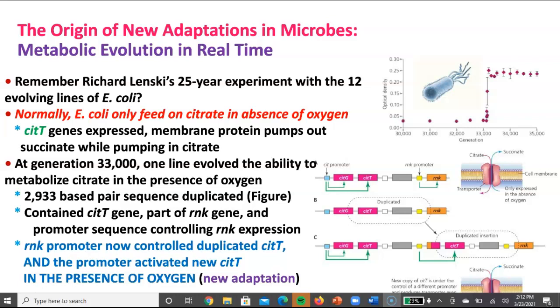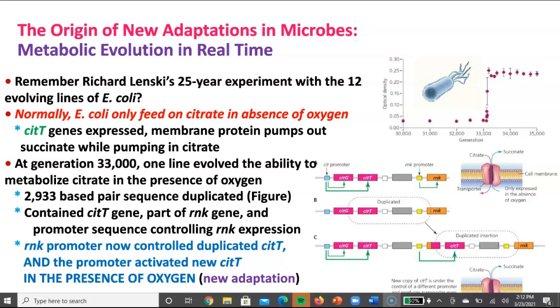And when they're expressed, a membrane protein pumps out succinate from the cell while pumping in citrate. So if you look at part B, or the top of the figure there, it's showing you how that happens. So the CYP promoter is activated and the CYP gene is expressed. And when it's expressed, then that transport protein does its job of pumping in citrate, but only in the absence of oxygen.